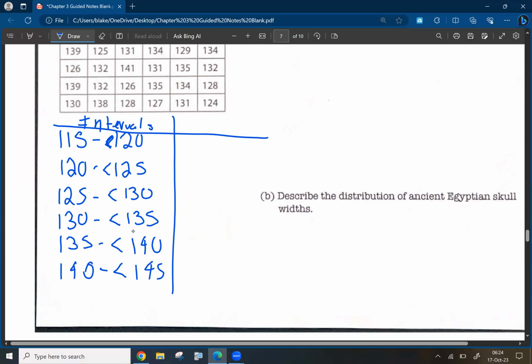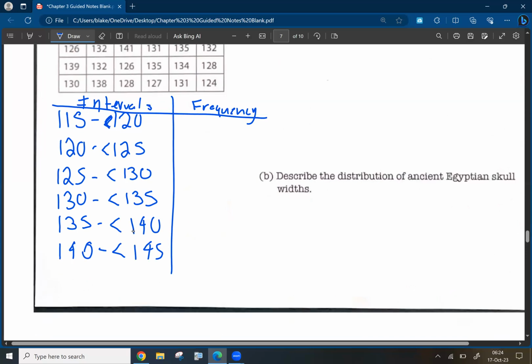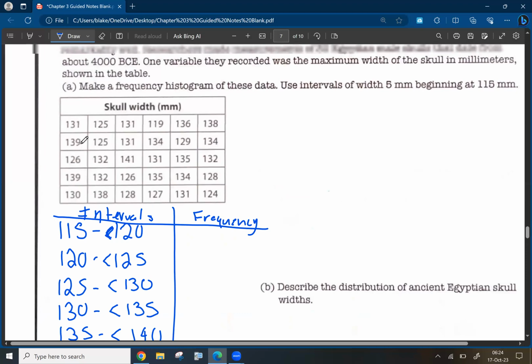And then this is going to be the frequencies. So how many did we have between 115 and 120? I have 1. I think it's just that one, so just 1 right there. How many do I have between 120 and 125?